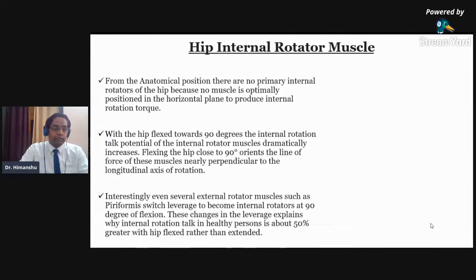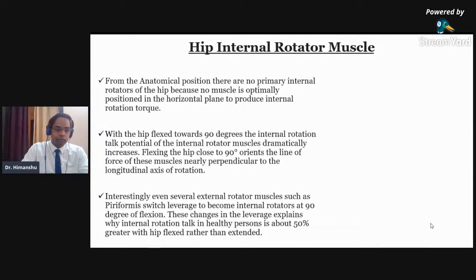Similarly, when we talk about the hip internal rotator muscles, from the anatomical position, there are no primary ones. If you have studied anatomy properly, you must know that you don't have any classical internal rotator muscles. It is just the other muscles which substitute or compensate to become your internal rotators.